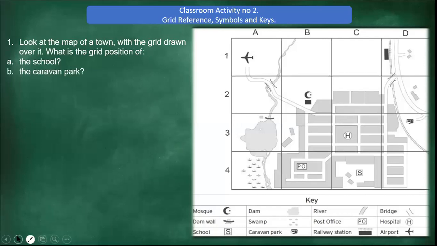Okay, I want the position for the caravan park. The caravan park, look at the keys and identify it on the map and tell me the correct references. The caravan park, Tyron, your hand is up. Miss, you keep on calling me a boy when I'm a girl.